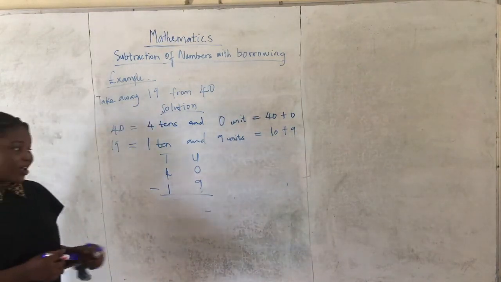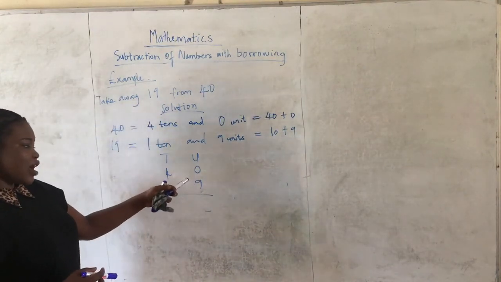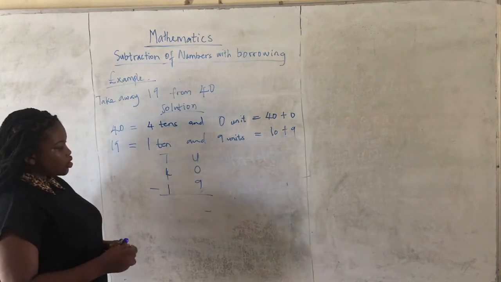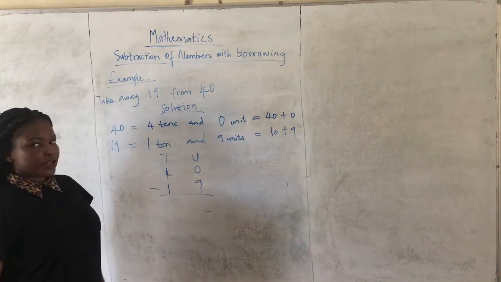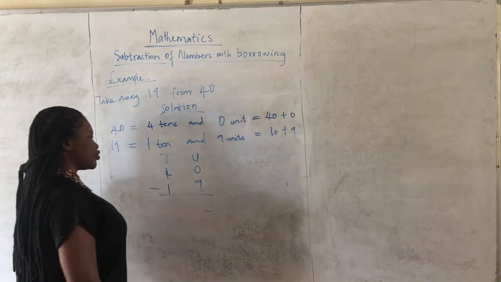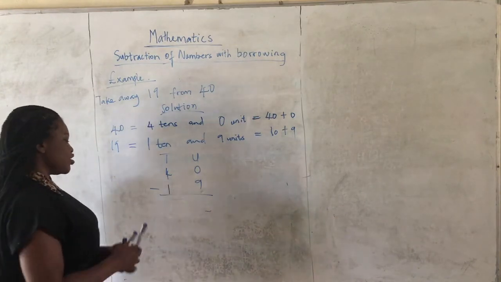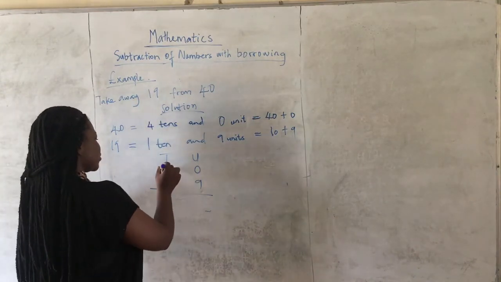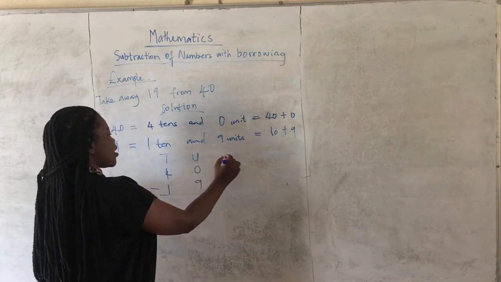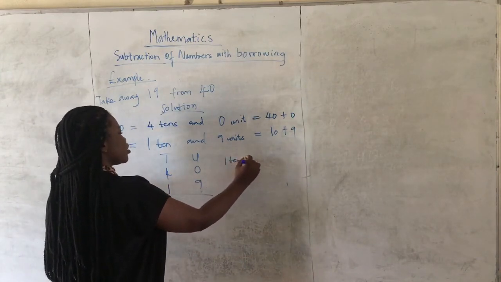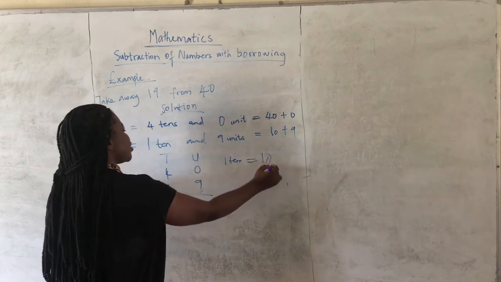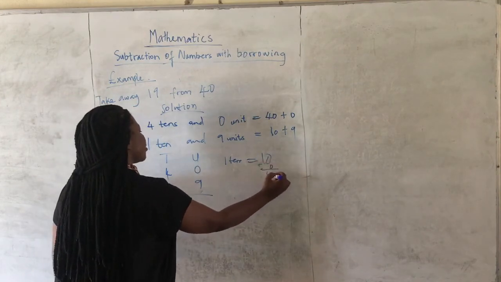Oh. How do you take 9 away out of 0? That's very impossible. So we borrow as usual. Getting 1 ten from here, 1 ten is equal to 10. So 10 plus 0 gives us 10.